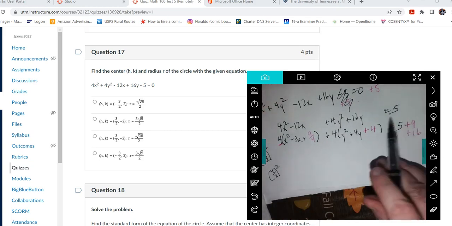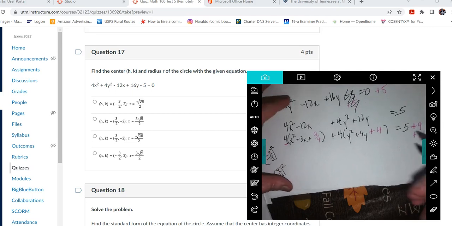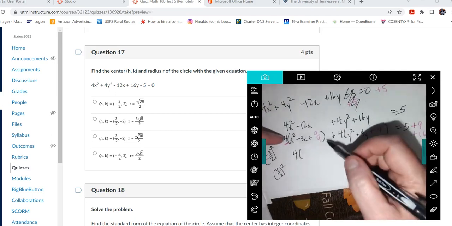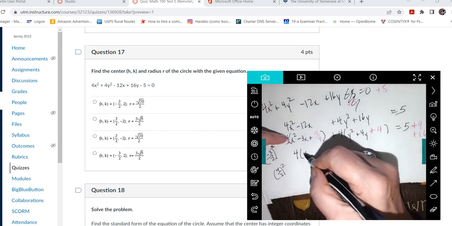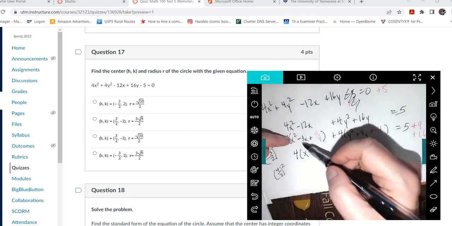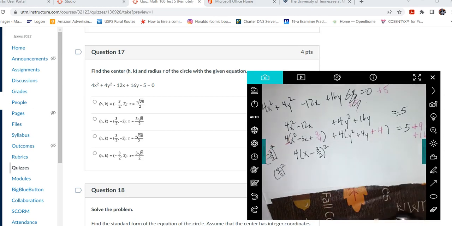Now, when I do that, I'm going to have 4 here, times, this will be x, and then plus this number over 2, all squared.